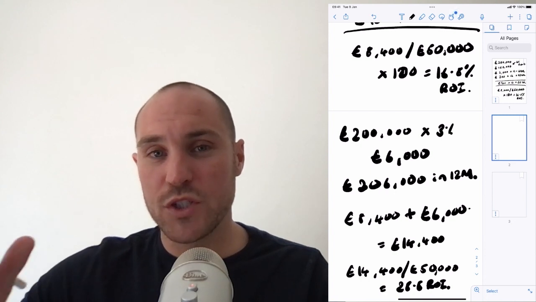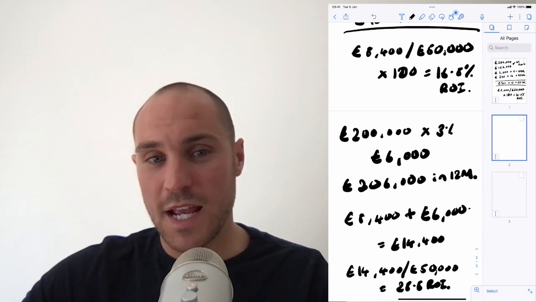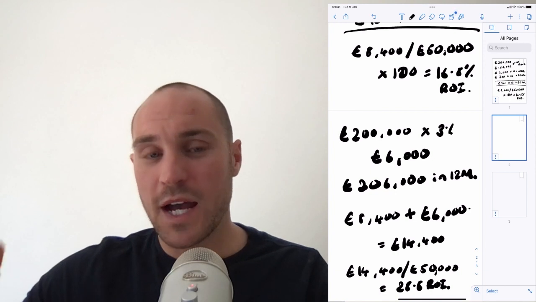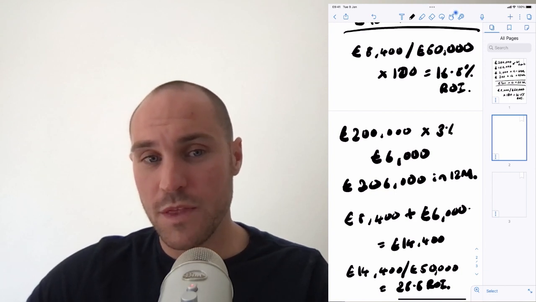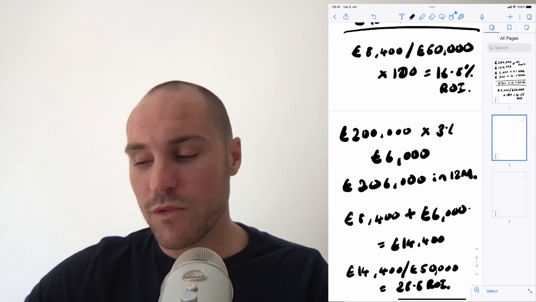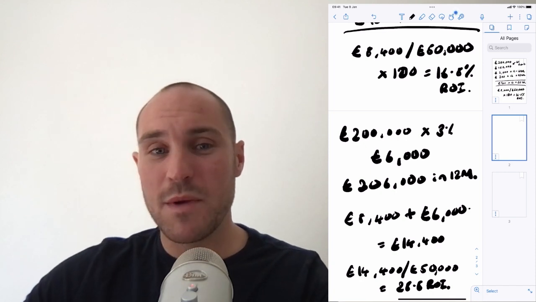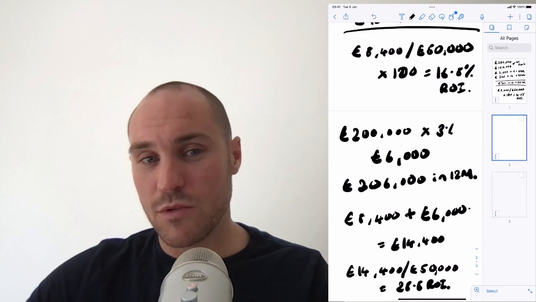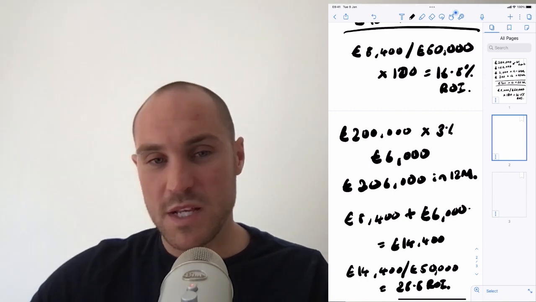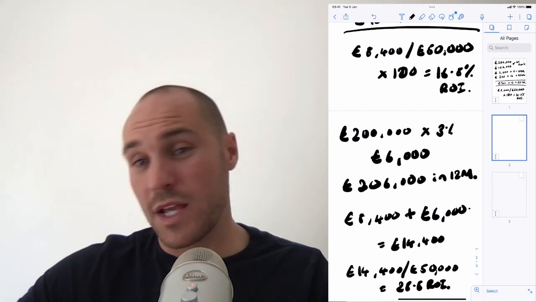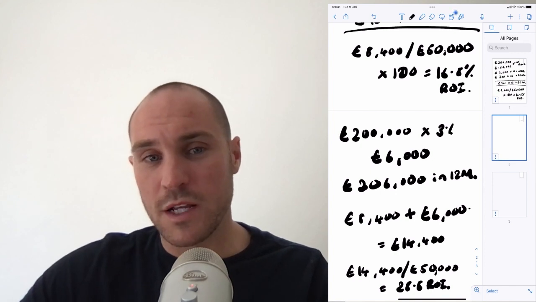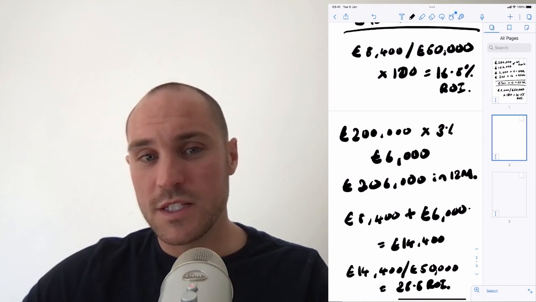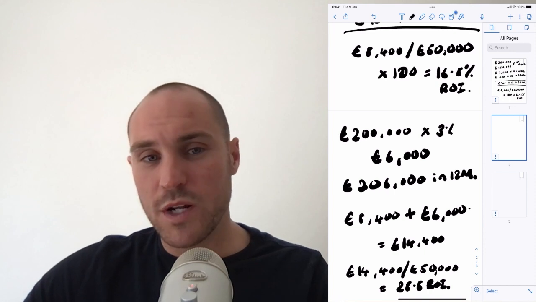Now again, if you're an investor that purely invests on net cash flow and doesn't account for capital growth, that's also fine to start your portfolio off, but it limits you on the deals that you're getting, because if you don't allow for the capital growth of the property, you're missing out on considerable returns by not including it in your calculation. This is something that I realized, so I just wanted to share it with you.